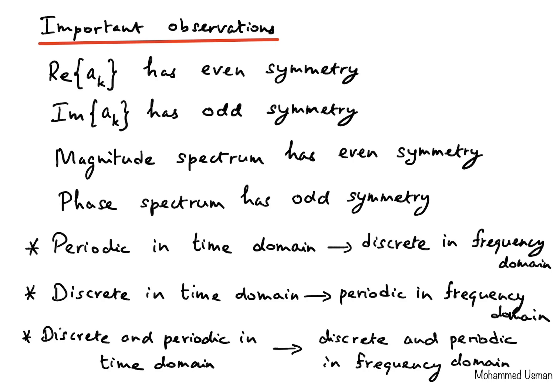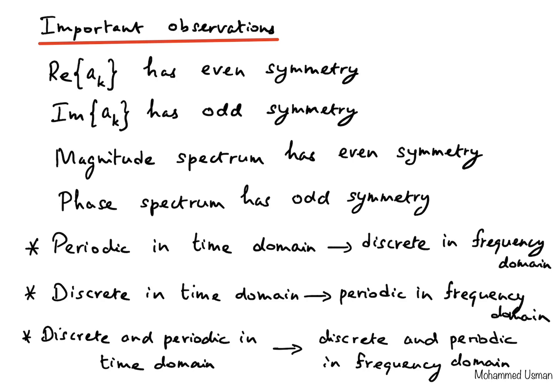The other observation is that if you recall, when the signal is periodic in the time domain, it is discrete in the frequency domain. That means even for a continuous time periodic signal, the Fourier series representation is discrete. So periodicity in the time domain corresponds to being discrete in the frequency domain.